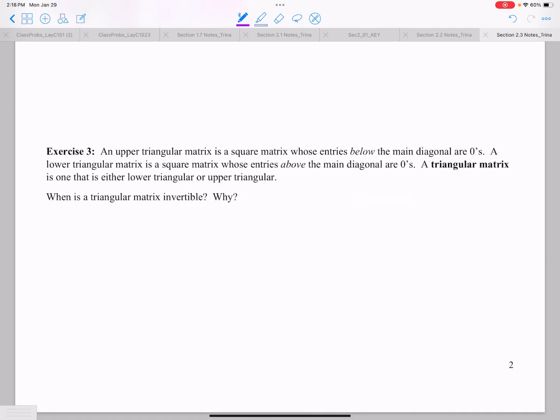In this exercise, we're given first a definition. An upper triangular matrix is a square matrix whose entries below the main diagonal are 0. So you have the diagonal entries, whatever they may be, and the entries below are all zeros.